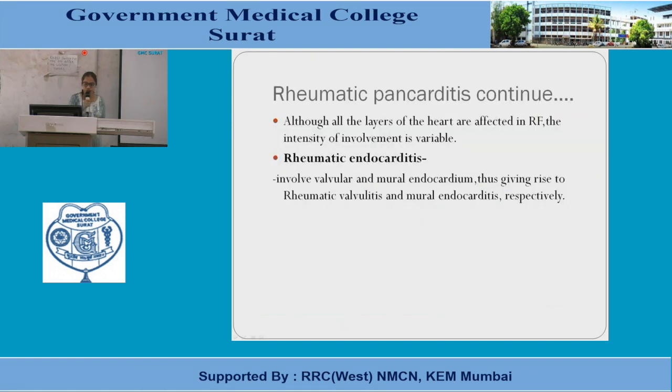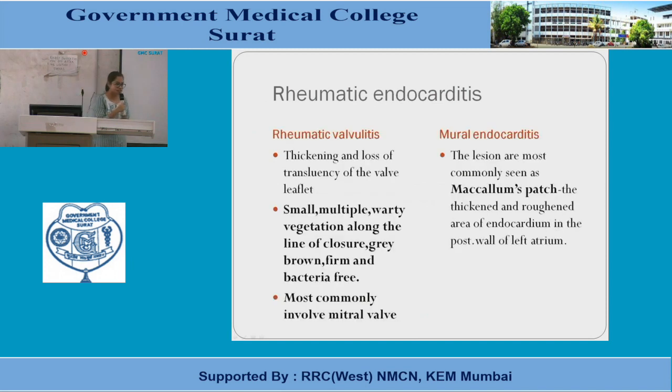Now we will see the changes in all the layers of the heart. First of all, rheumatic endocarditis, which involves valvular and mural endocardium and gives rise to rheumatic valvulitis and mural endocarditis. So what are the changes in rheumatic valvulitis?